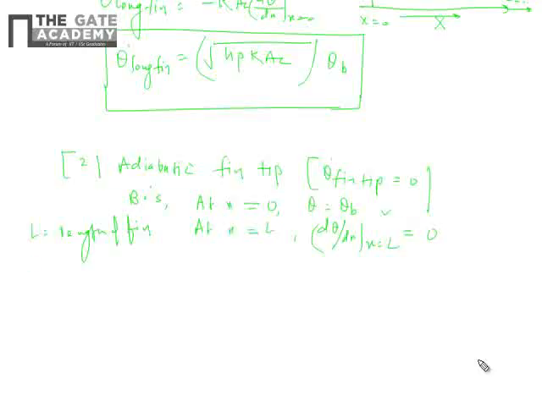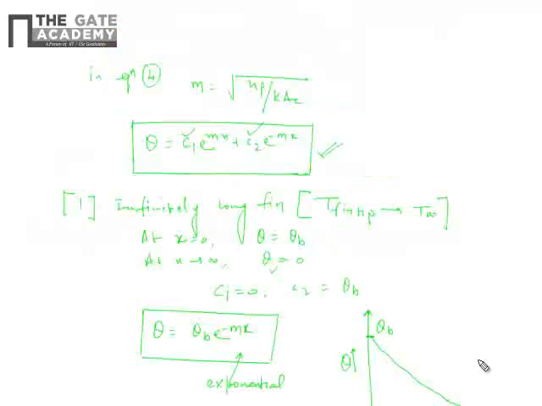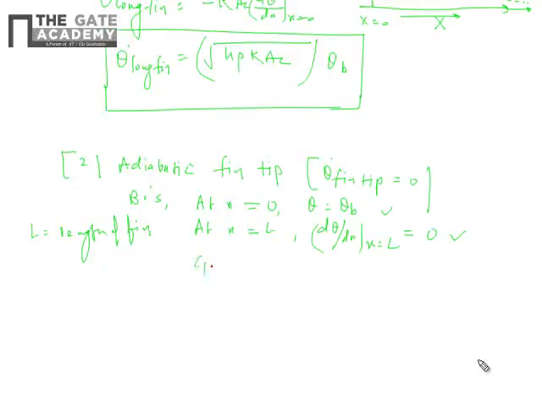If we substitute these two boundary conditions into the general solution of the fin equation, we will get c1 equal to theta b upon 1 plus e to the power 2mL, and c2 equal to theta b upon 1 plus e to the power minus 2mL.